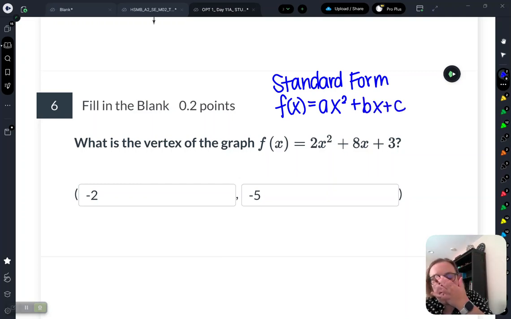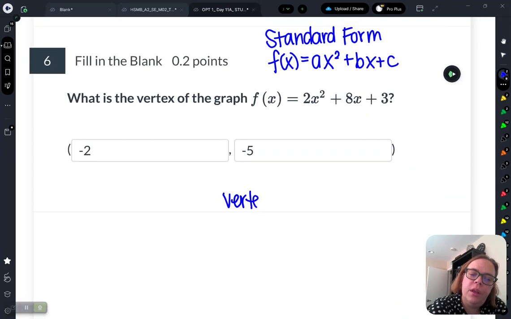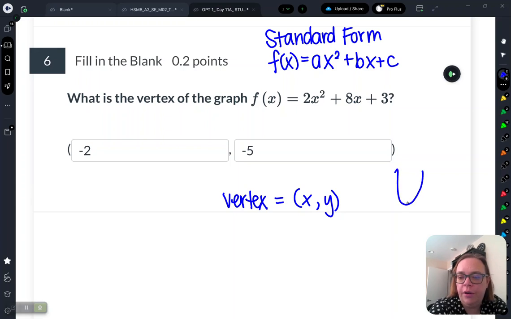So your vertex is 2 parts, an x and a y. It's a point. It's the point where it goes through. And also, it's the point where the axis of symmetry goes through.